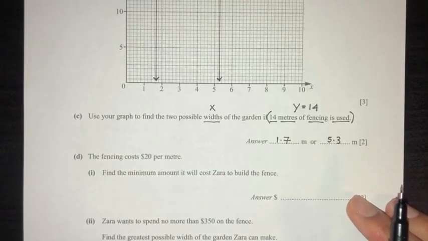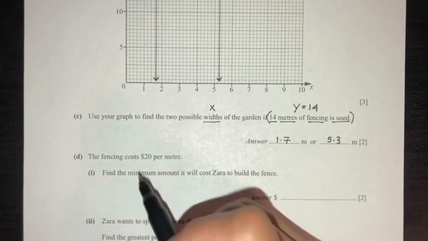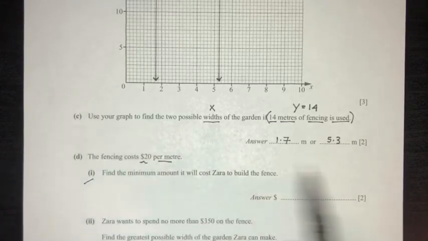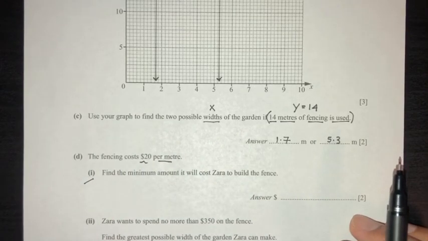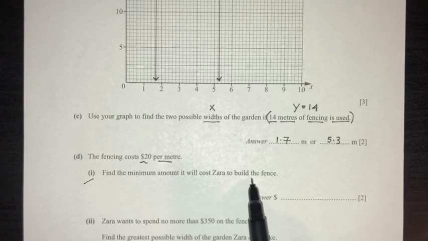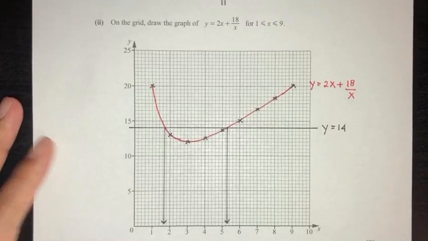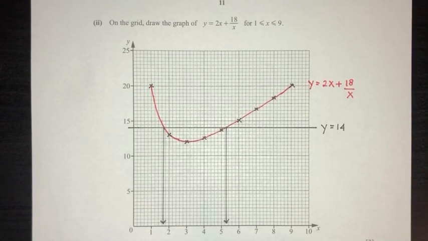Now part D, the fencing costs $20 per meter. That's the cost. Now part 1, find the minimum amount it will cost Zara to build the fence. So we still have to use our drawing. So what is the minimum amount that it will cost to build the fence? You have to go to your graph to see where is the minimum point, where is the minimum that she can use to build the fence.